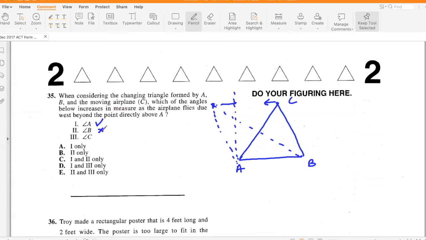I think there would be a point where C is equidistant from these two, and then it would again start to decrease. So it would increase for a while, and then it would keep decreasing as you go extremely left because A will keep increasing. So C also, we can't say definitely, will increase. So only option A.